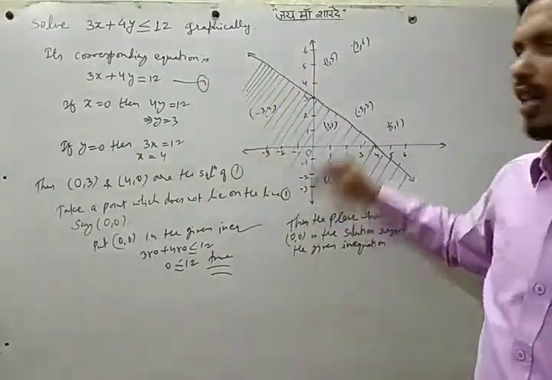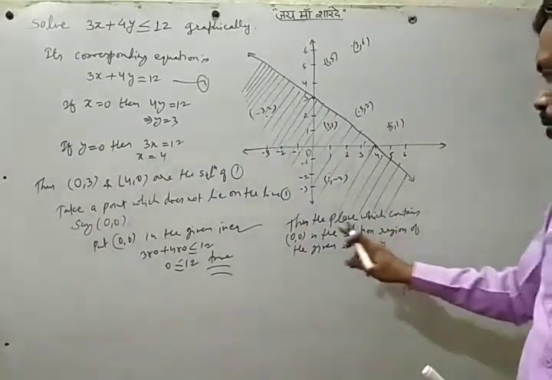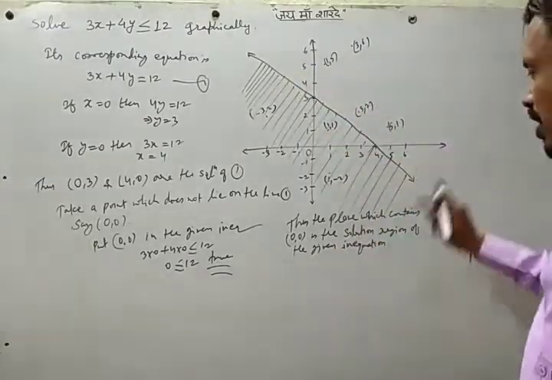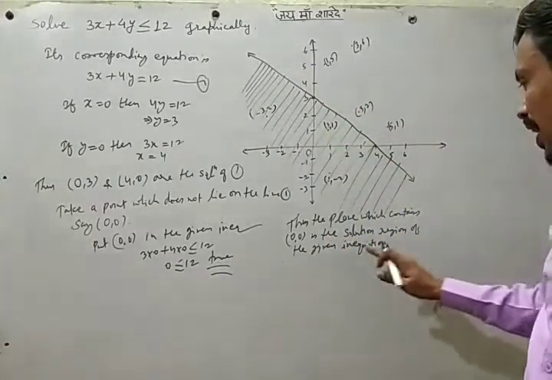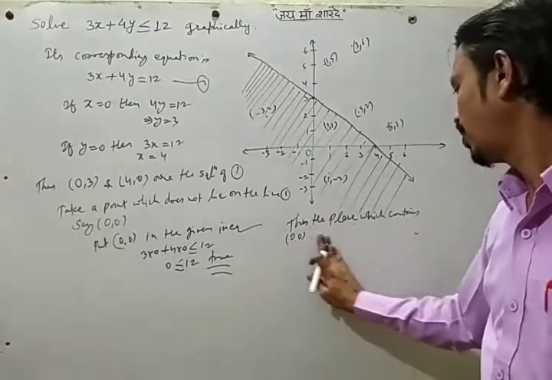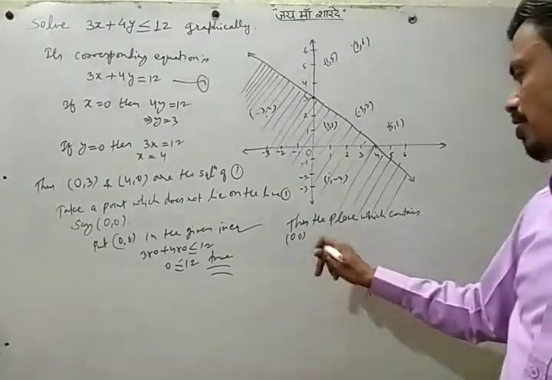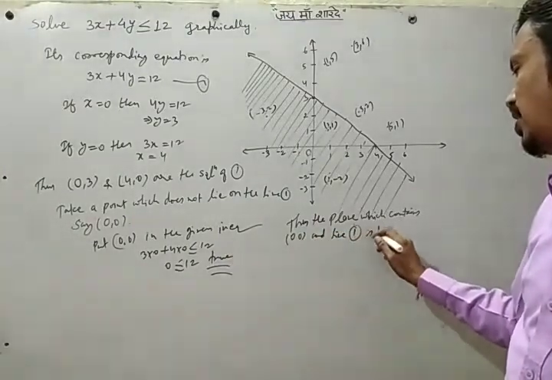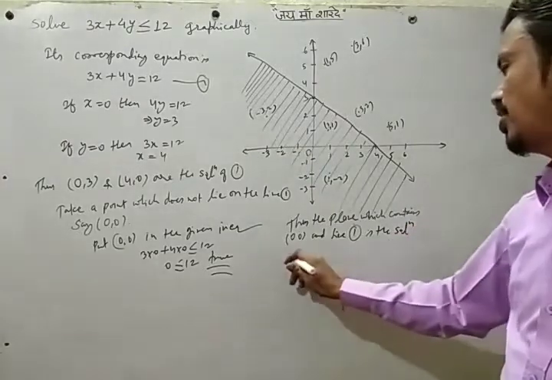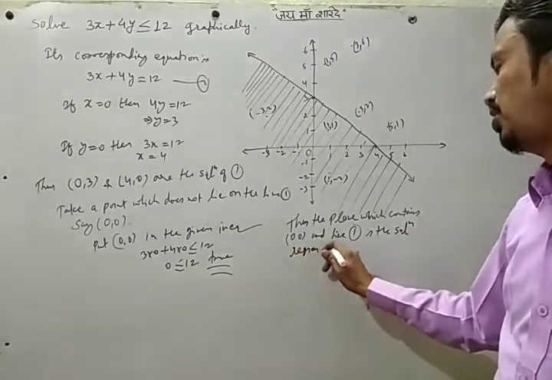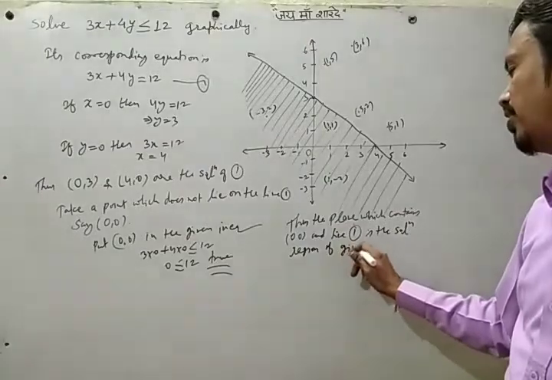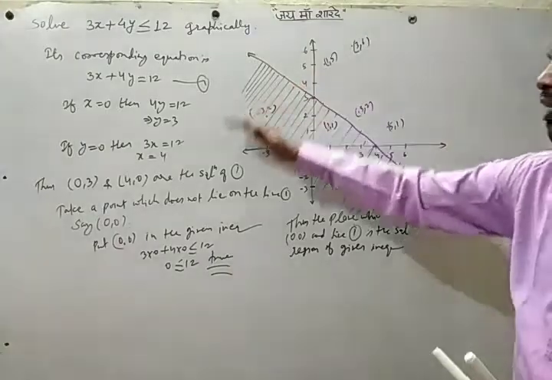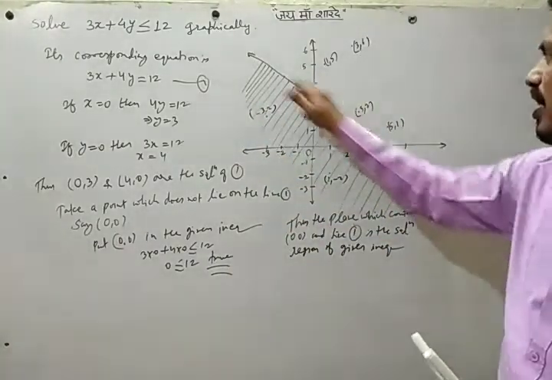So the plane which contains 0 0 and line 1 is the solution region of the given inequation. This is our required solution, including this line.